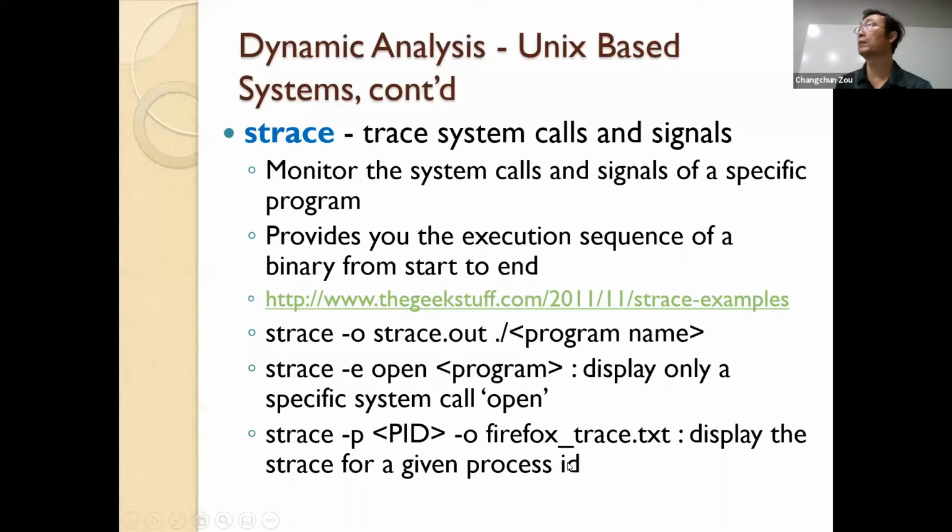If you have a program already running in the background, you can use strace -p, give that PID, and record what system calls have been used by that already running program. Otherwise, you need to start the program under strace monitoring. This way you can monitor a background running process.